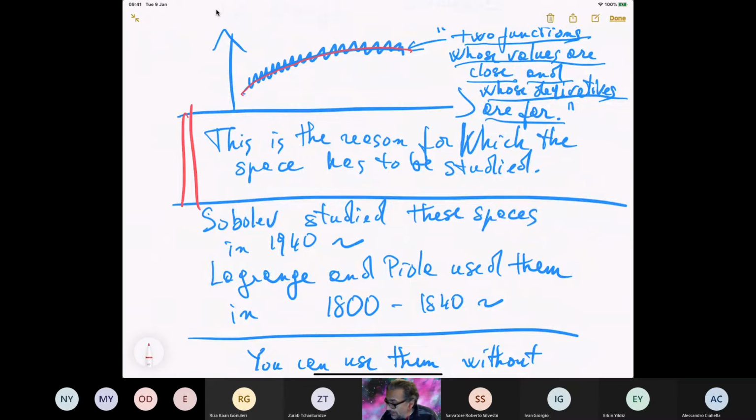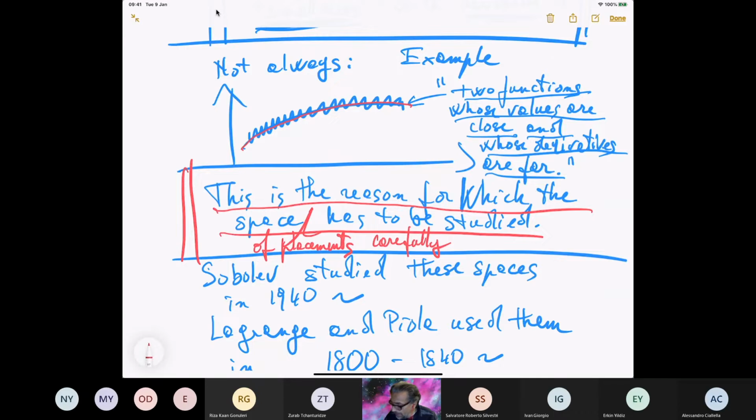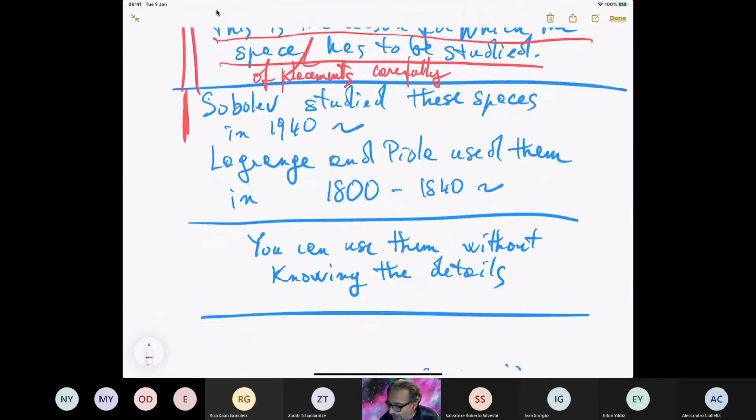So the existence of these counterexamples is the reason for which the space of placements has to be studied carefully. Now, I want to remark that Sobolev, a very clever and inventive Soviet scientist, studied these spaces in 1940.